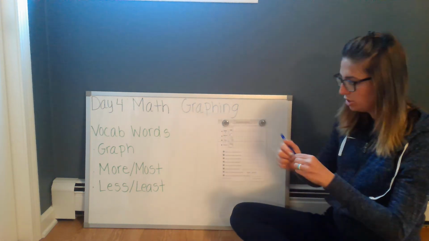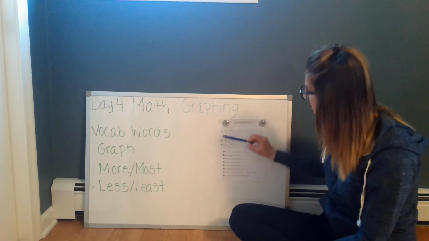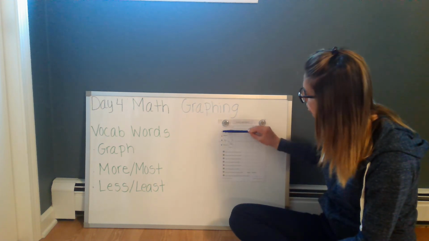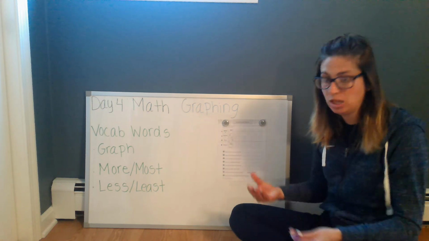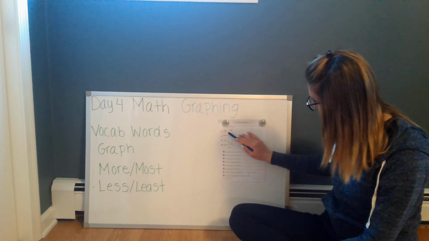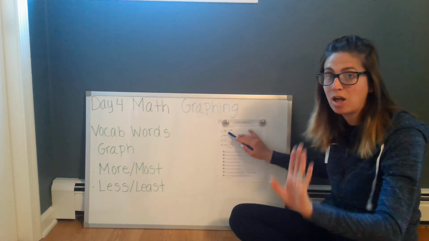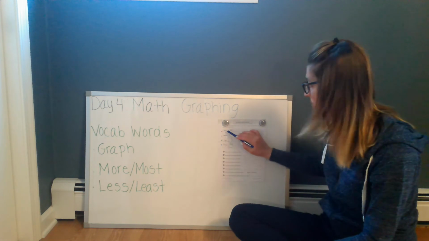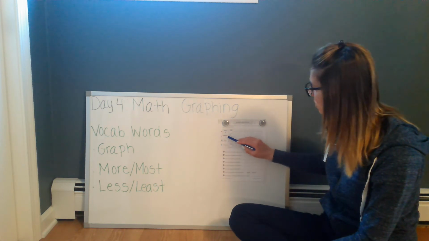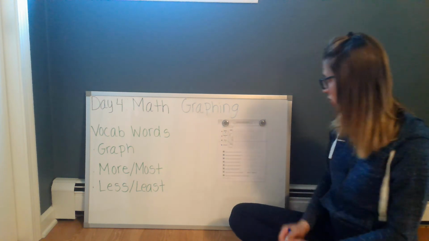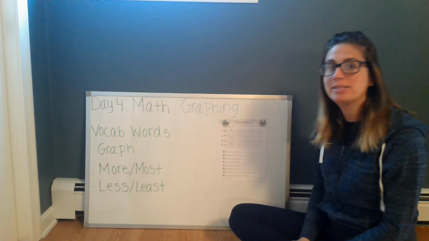So I'd like you to do the same thing I did. Put a dot next to each fruit. Each fruit represents a different color. Again, I have orange for apples, and you don't have to copy the same colors that I have. You can use 4 different colors or even 4 of the same, doesn't matter. Pink for bananas, green for pears, and blue for oranges. That's our first step in setting up our chart.